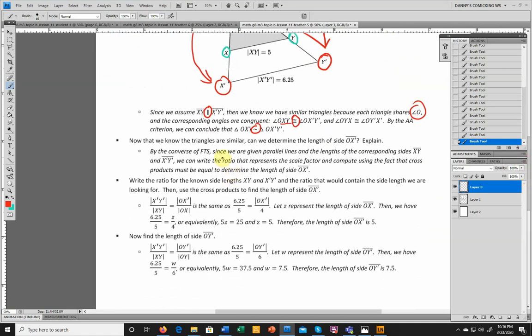Now that we know that the triangles are similar, can we determine the length of side OX prime? By the converse of FTS, which means doing FTS backwards, or in reverse. Since we are given parallel lines and the lengths of the corresponding sides XY and X prime Y prime, we can write the ratio that represents the scale factor and use the fact that cross products must be equal to determine the length of OX prime.